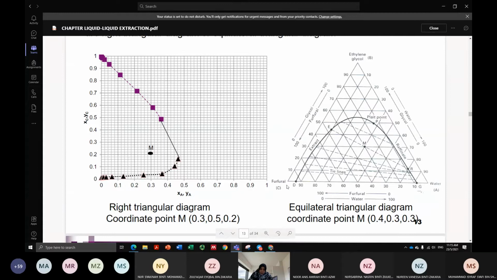This is your C, which is 100%. The base is this one. How do you know this is the base? It's very easy. You learned about your mathematics before, where you need to know the height to calculate the area of the triangle.